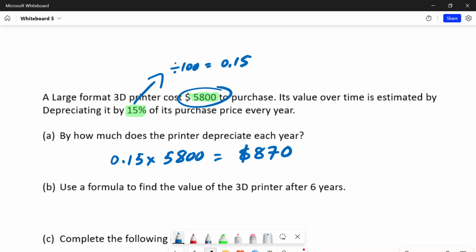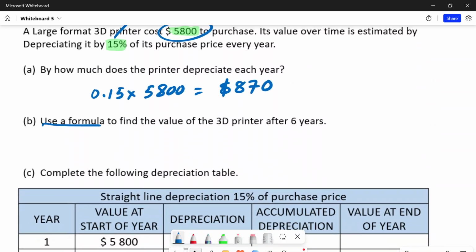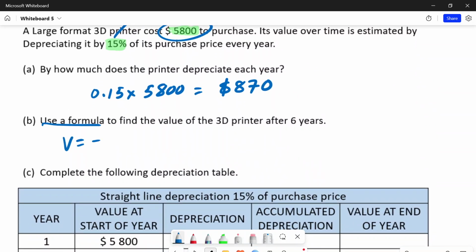Now they're asking us to use a formula, rather, to find the value of the 3D printer after 6 years. So the general formula for straight line depreciation looks like this, where we have V equals negative Dn plus C. I haven't got the explanation of the variables in this presentation, but you may have the textbook handy, and you'll be aware that V is the value after n years.